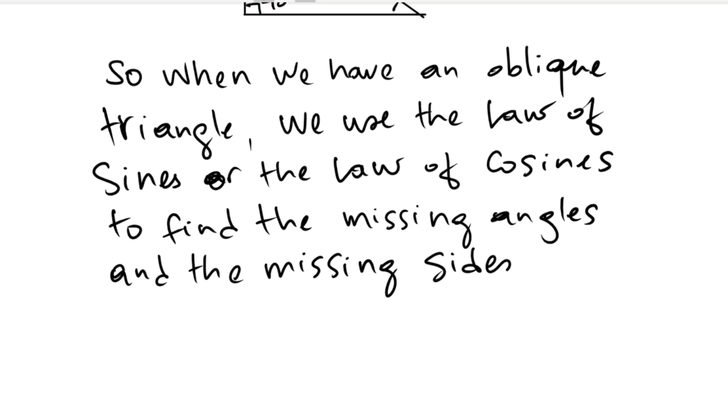We do that only when we have an oblique triangle. So we use the law of cosine and the law of sine to find the missing angle and the missing side. That's exactly what we're working on when we're talking about law of sine or law of cosine.